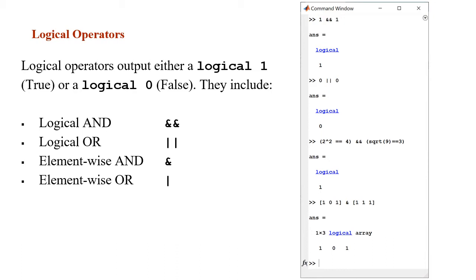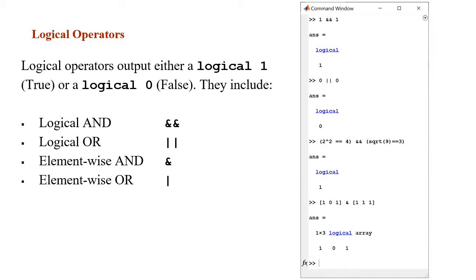Finally, we have the element-wise logical operators, the element-wise AND and the element-wise OR. Use these operators on arrays. So for example, here we have two arrays of 3 elements. The first array is 1, 0, 1. The second array is 1, 1, 1.